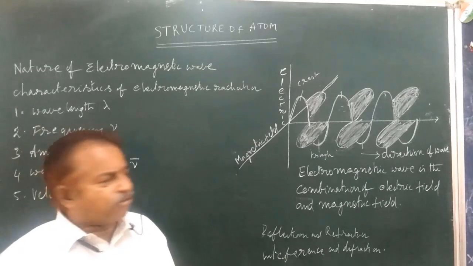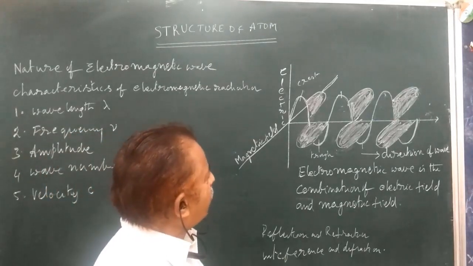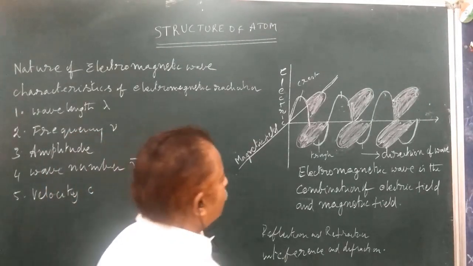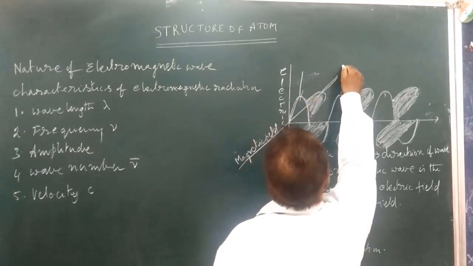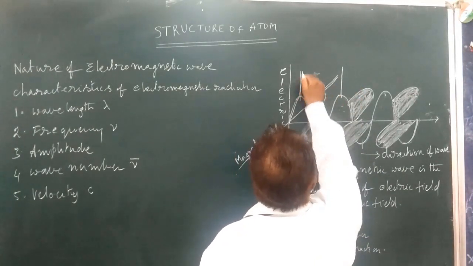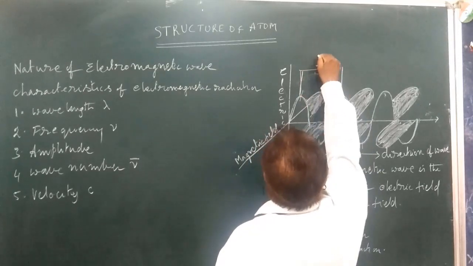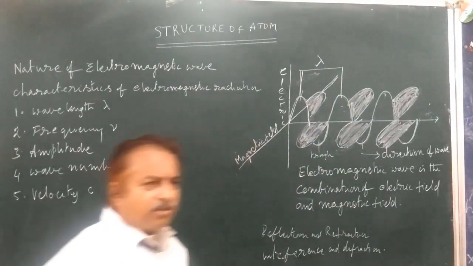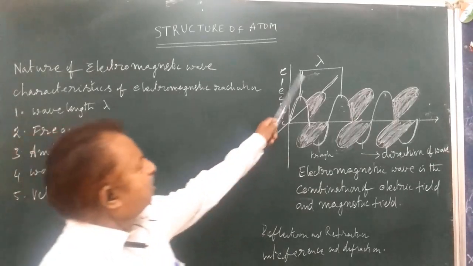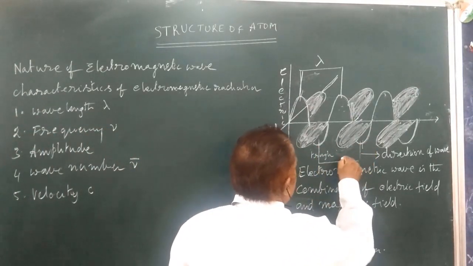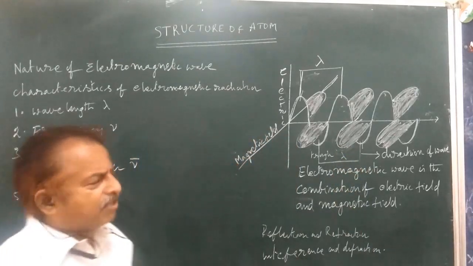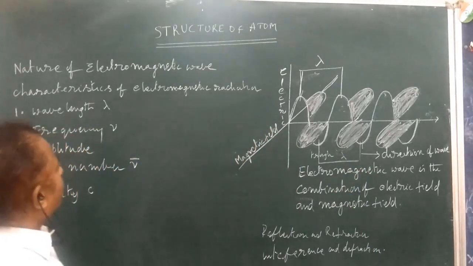The distance between two successive crests or two successive troughs is known as wavelength. So for wavelength here, this is one trough and this is another trough. The distance between these two points is referred to as lambda. So the distance between two successive crests or two successive troughs is wavelength, and wavelength is denoted by the letter lambda.